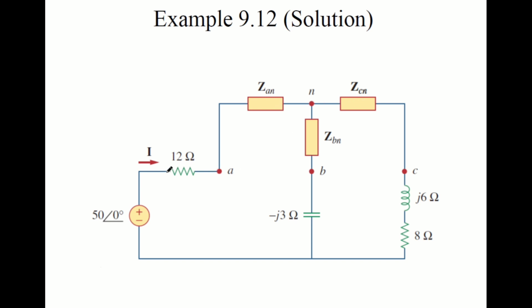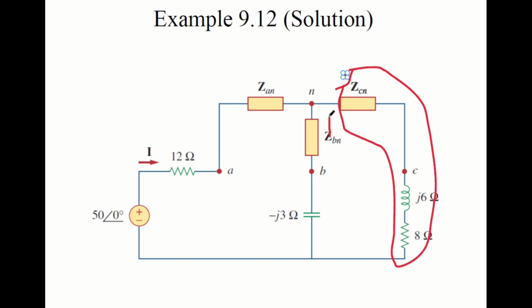If you look at this, it's much easier to analyze, because these three elements here are basically in series. So we can add these two up, and once we add this and this together, we can do the parallel between this branch and this element over here. So it will be simplified as a one-loop circuit.